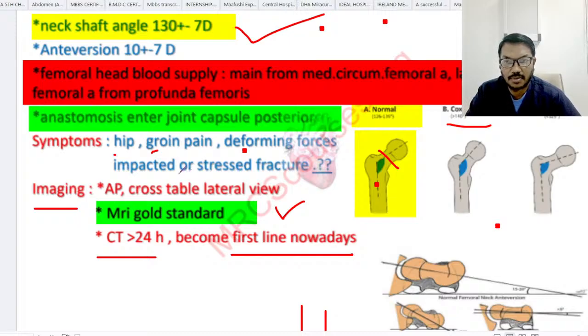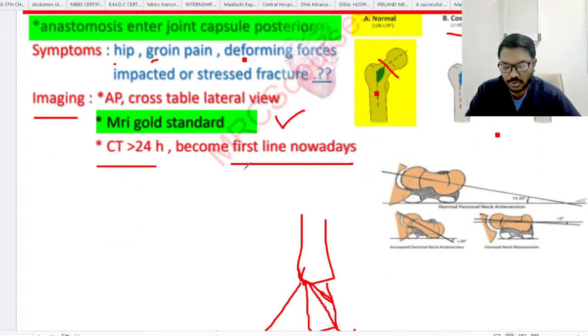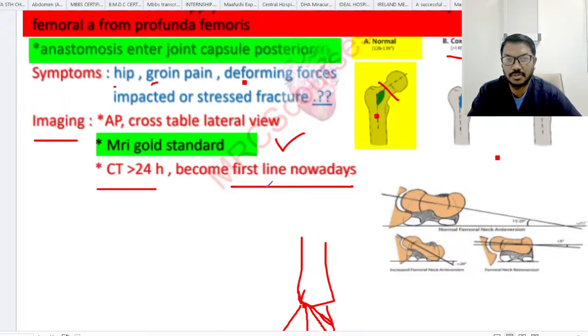anastomosis, external iliac when they cross the inguinal ligament. Then one is profunda femoris and another is the femoral proper artery. Maybe.